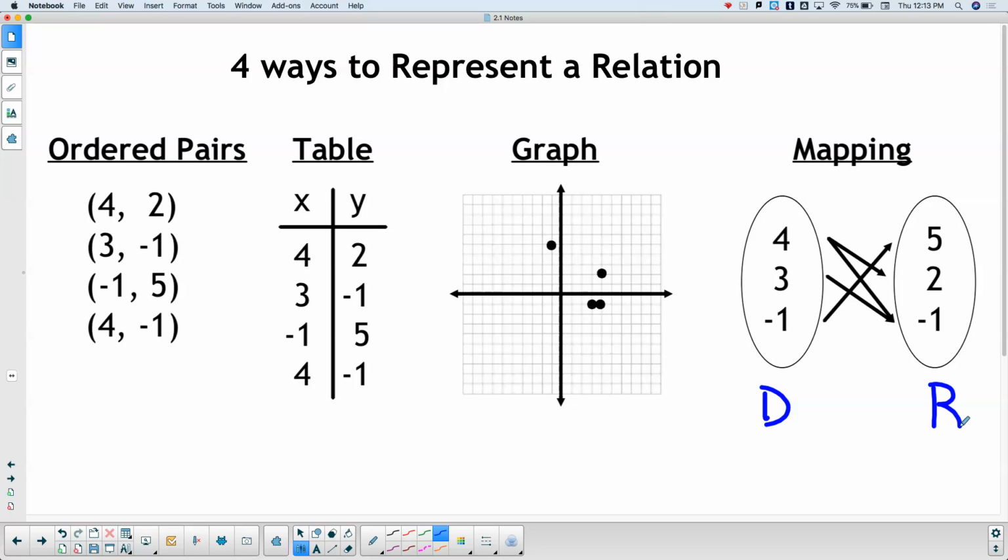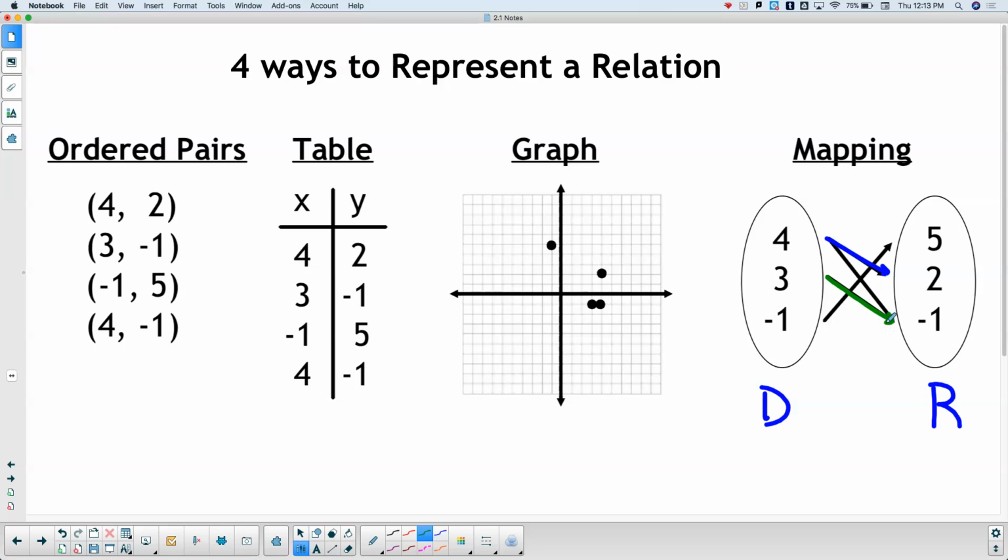So for instance, the point 4, 2 is represented by this blue arrow. The point 3, -1 is represented by the green arrow.